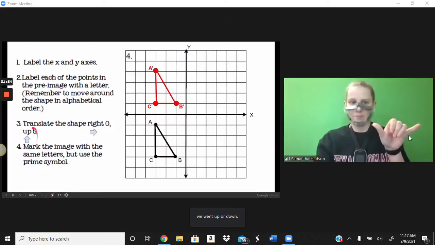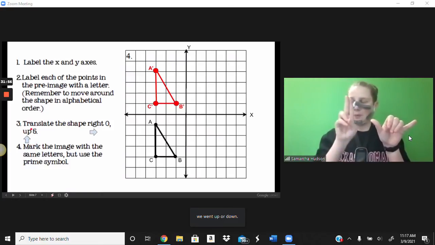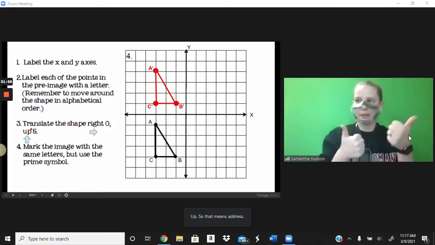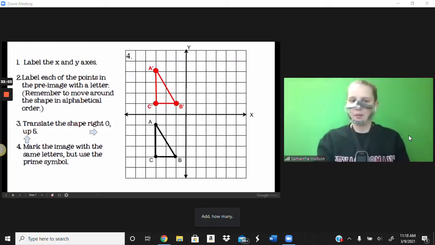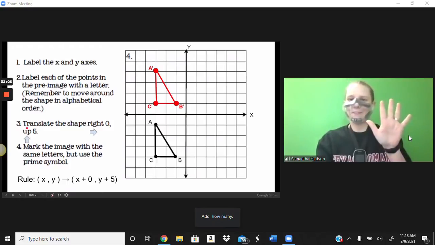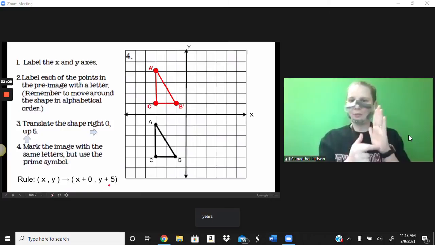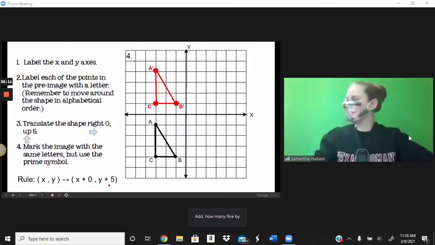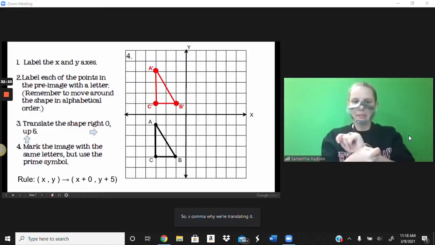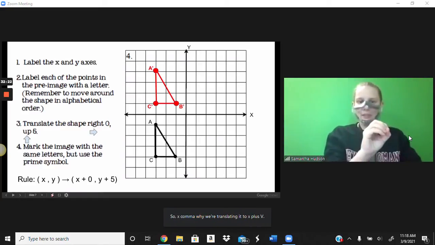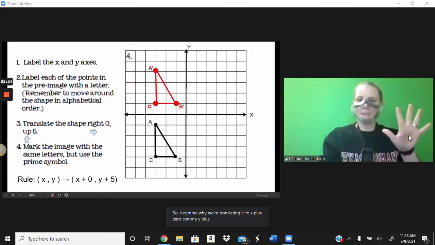Up. So that means add or subtract. Add how many? 5. Oops, that looks like a 6 to me. So here's our rule. We counted 5 each time. So X comma Y, we're translating it to X plus 0 comma Y plus 5.